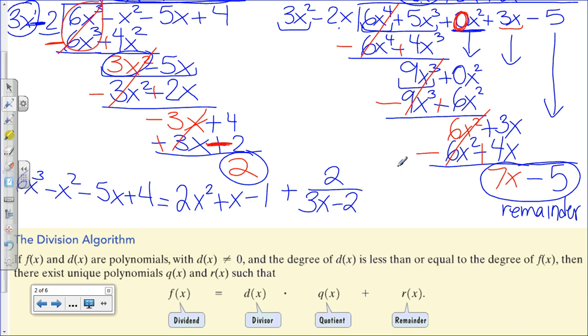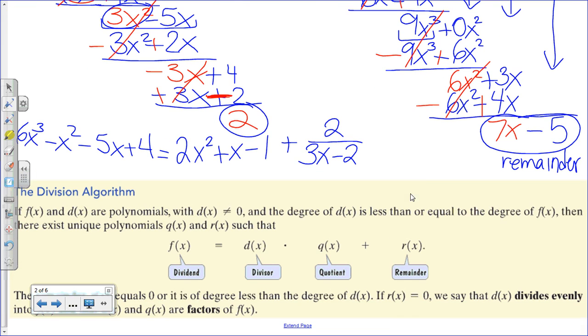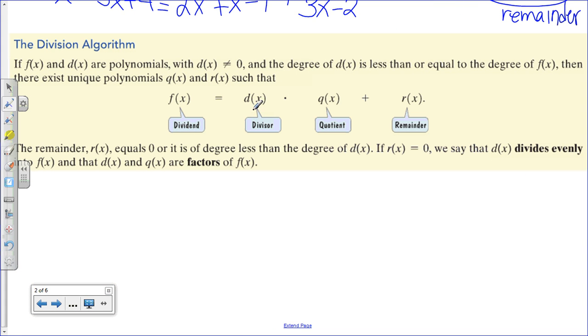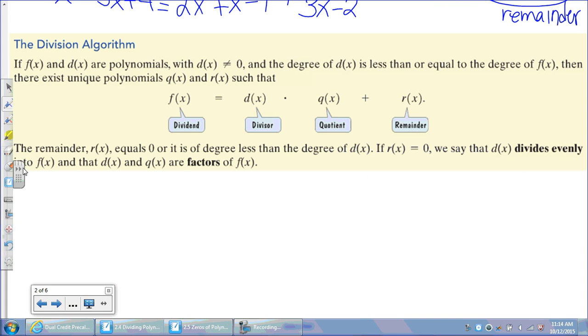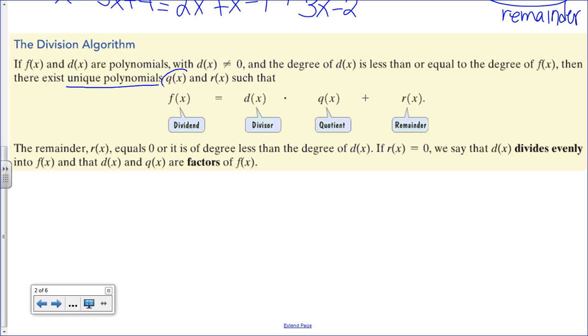Okay? All right. So here we have something called the division algorithm. Okay. So if f of x and d of x are polynomials, with d of x not equaling 0, and the degree of d of x is less than or equal to the degree of f of x, then there are unique polynomials, q of x and r of x, such that, and then we have it there.